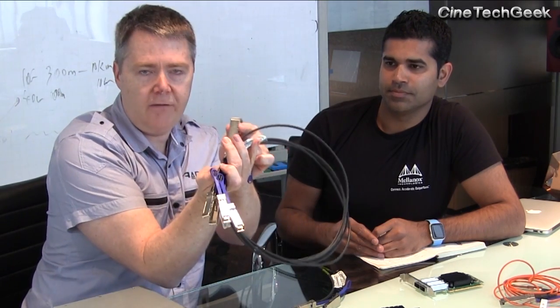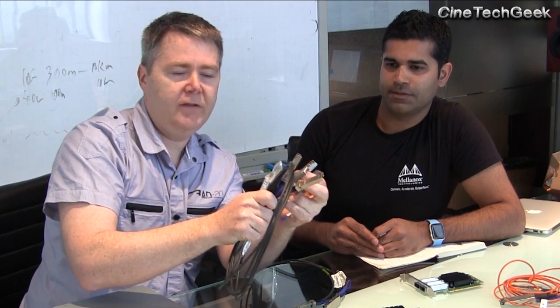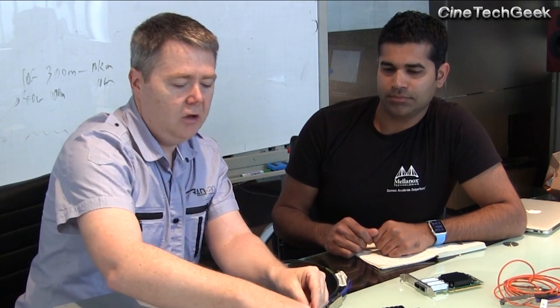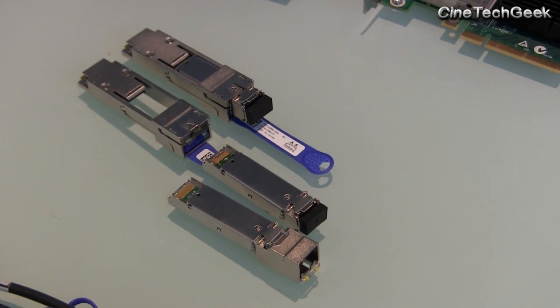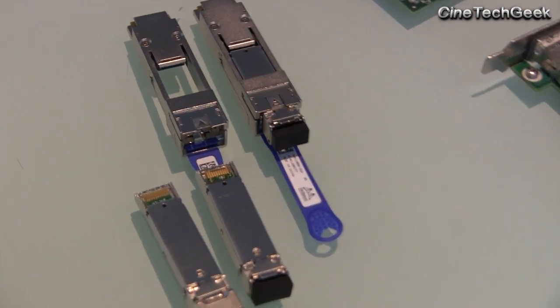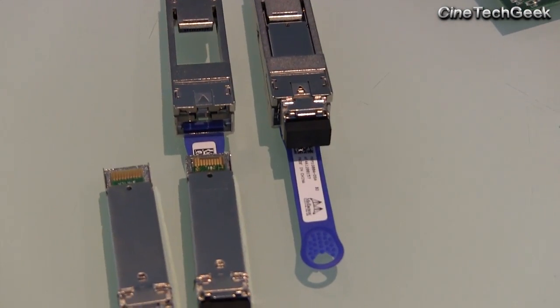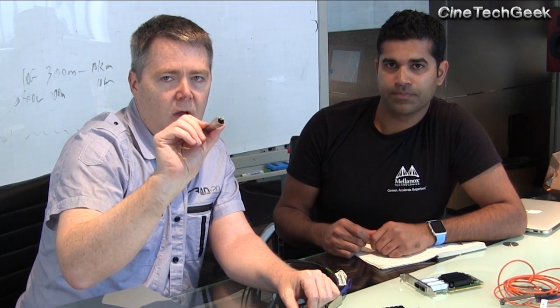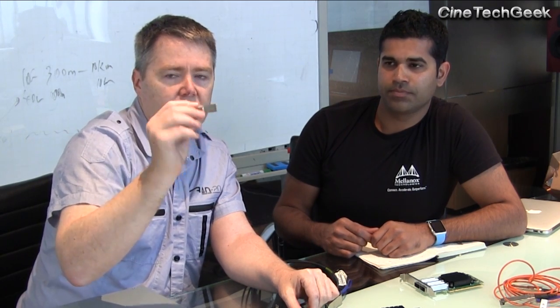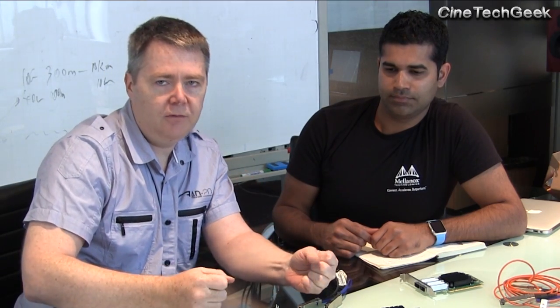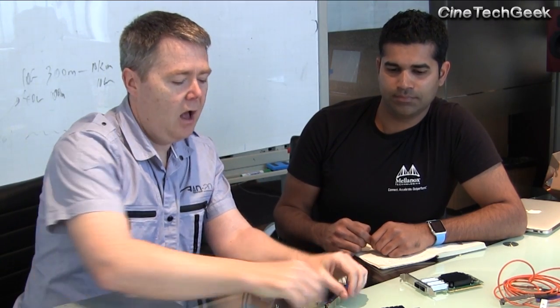The quad SFP goes to just an SFP plus there. You can get all these converters, so you can convert a QSFP to any sort of format you want, be it fiber, be it copper, a typical Cat6A sort of implementation, you can do all that too. So if you do need to branch out to other equipment for different purposes, you can.